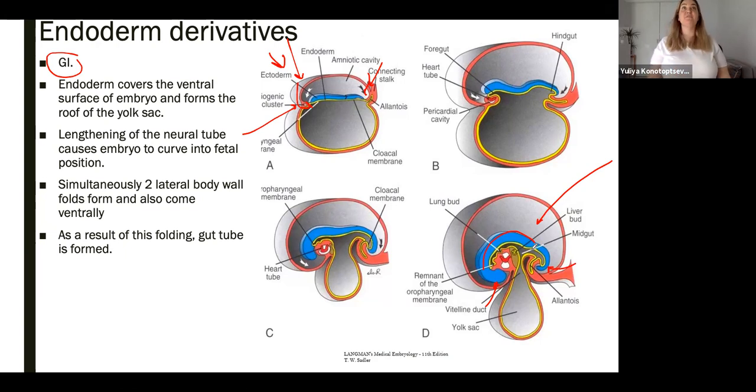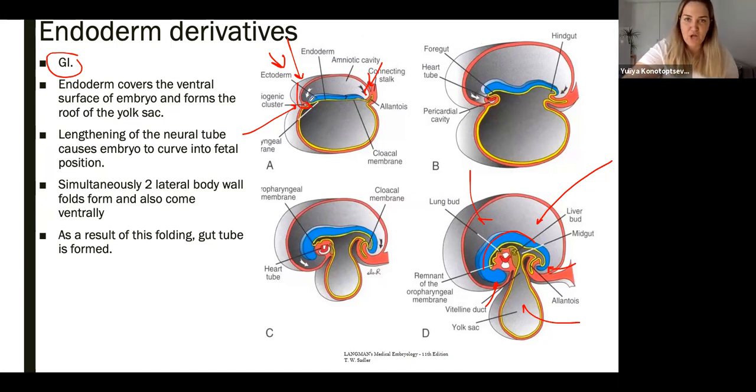I was straight, but now I do this. I am definitely pushing my yolk sac to the middle. So when the embryo is done assuming fetal position, the yolk sac is going to be in the middle only. You will not see it in the cephalic region, nor would you see it in the caudal. It will be only in the middle.